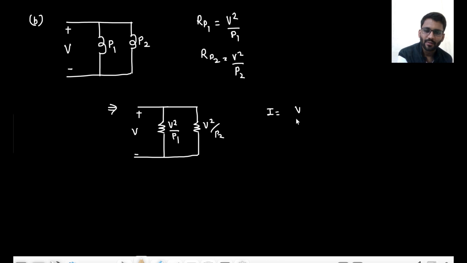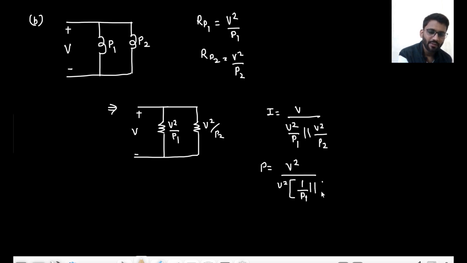That would be V by V square by P1 parallel with V square by P2, right? What will be my power? That would be V square upon V square common may come out, 1 upon P1 parallel with 1 upon P2. So I hope you can solve this. If you solve this, 1 upon P1 parallel with P2, you will get P1 plus P2.